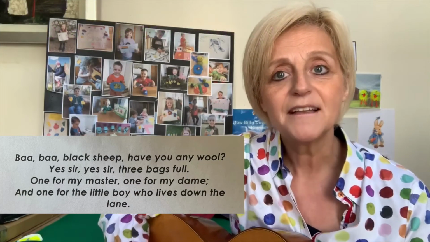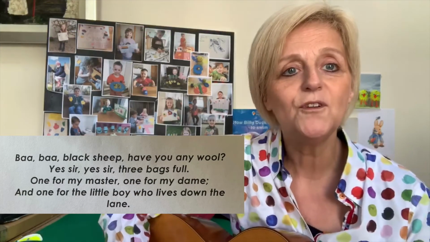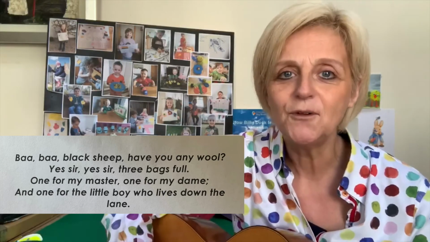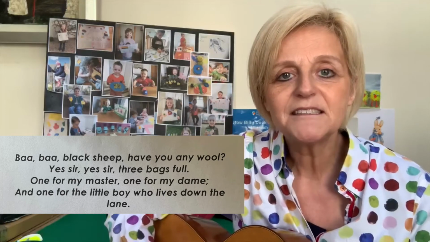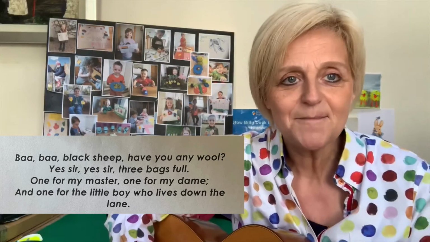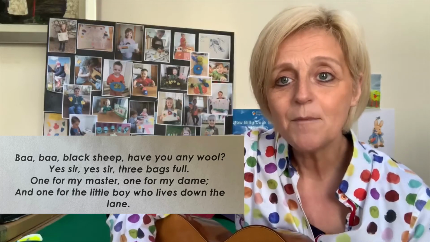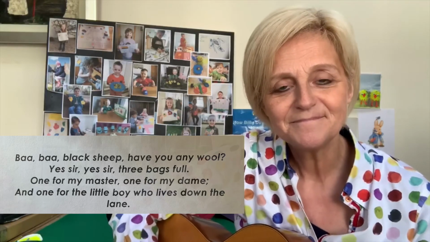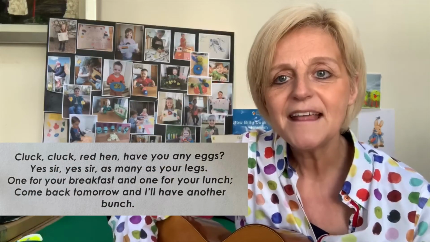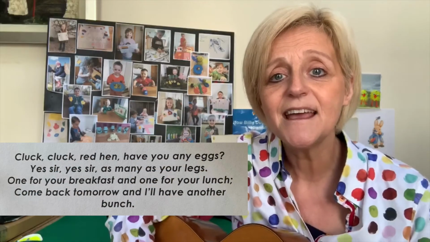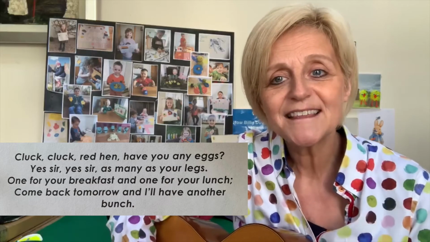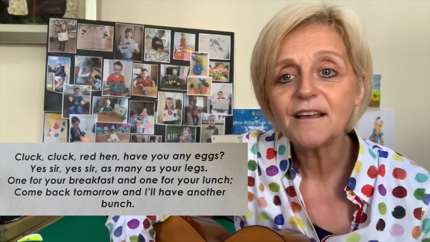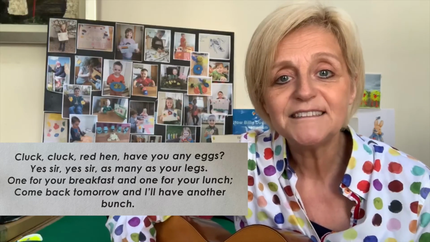Ba Ba Black Sheep, have you any wool? Yes sir, 3 bags full. 1 for my master, 1 for my dame, 1 for the little boy who lives down the lane. Cluck, cluck, red hen, have you any eggs? Yes sir, as many as your legs. 1 for your breakfast, 1 for your lunch.